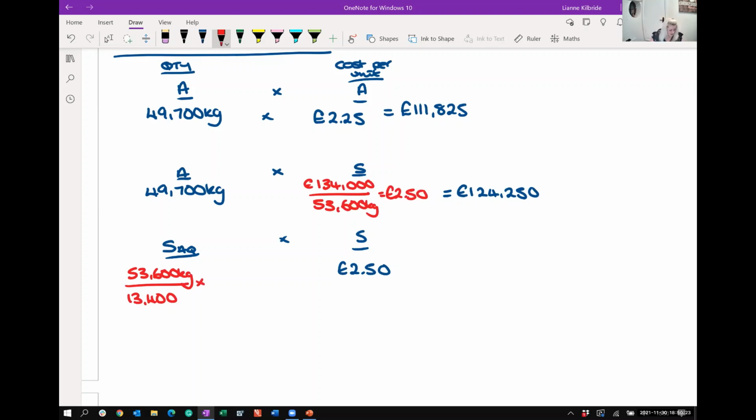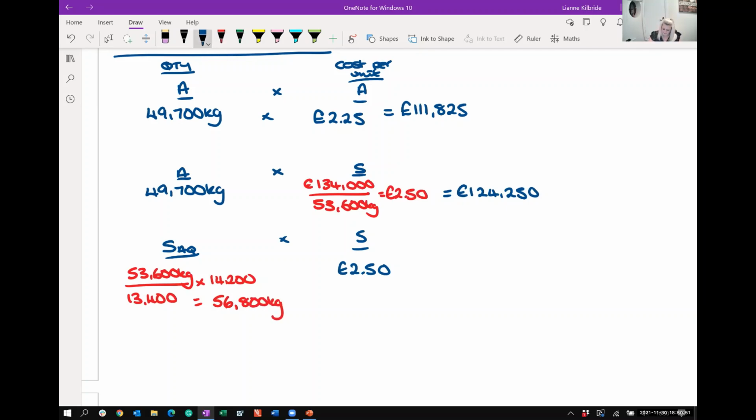You then multiply that by the actual units of production. That would mean if we were to actually make the 14,200 units based on what we've budgeted per unit of material, we would need to use 56,800 kilograms of material.